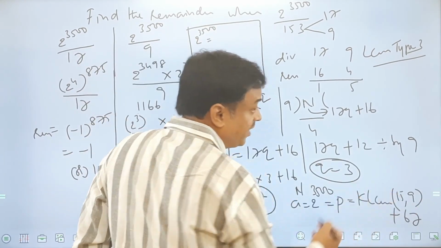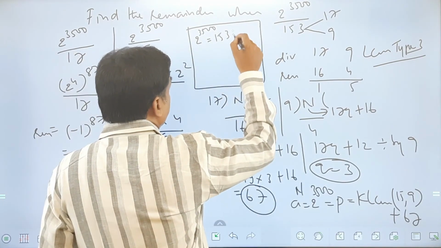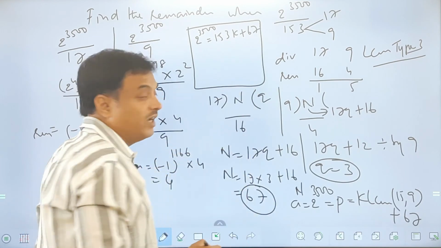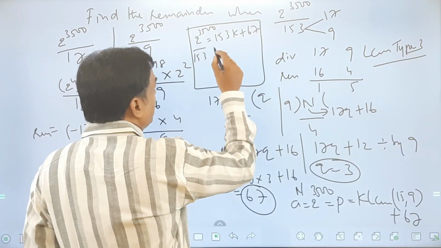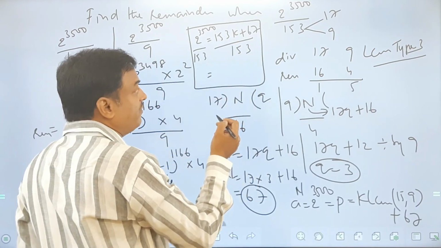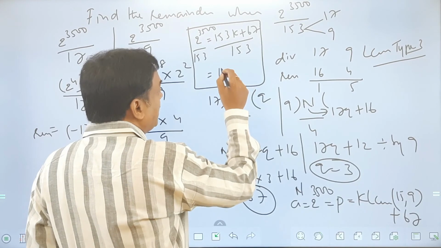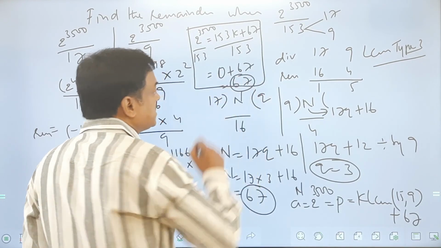What is the LCM of 17 and 9? 153. So it is a number of the form 153k plus 67. And in the final step, when I divide by 153, the 153 multiple gives remainder 0, plus 67. So the ultimate answer is 67 in this case.